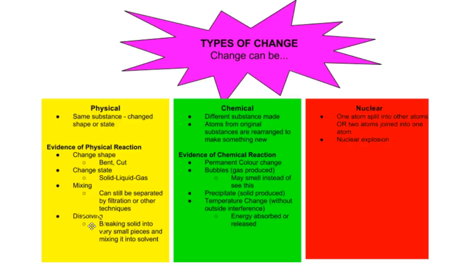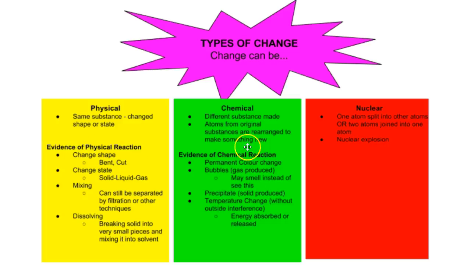And also dissolving. A lot of people forget that when you dissolve something into a substance, like dissolving sugar into water, you can get it back by evaporating the water. They are still separate in there, otherwise evaporation wouldn't work. So all of these are evidence of a physical reaction or physical change occurring.